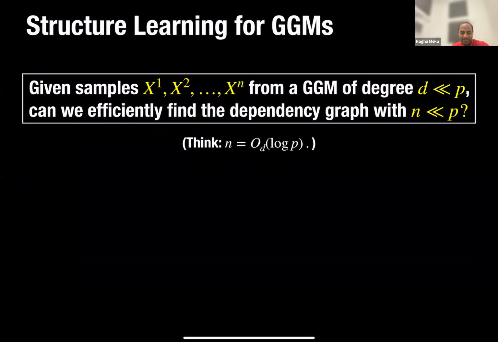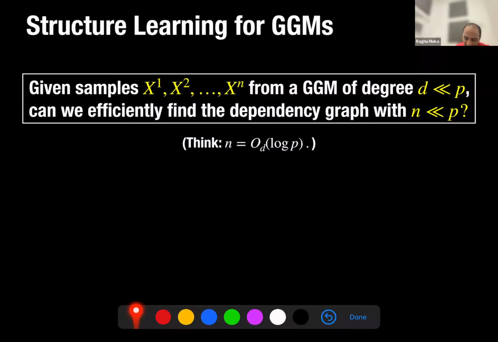Okay. So the question that we are asking is, you're given n samples from a GGM whose degree is much less than the number of features. Can we learn the dependency graph with way less than the dimension many samples? Ideally, we would like the number of samples used to be logarithmic in the ambient dimension.